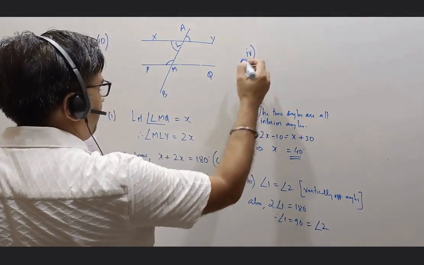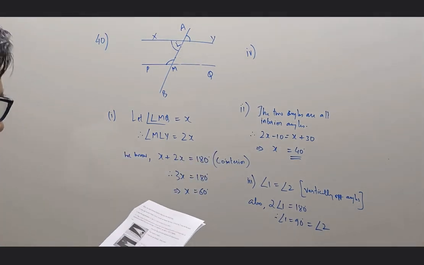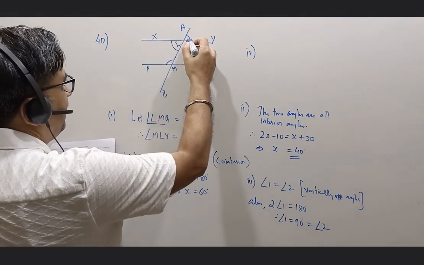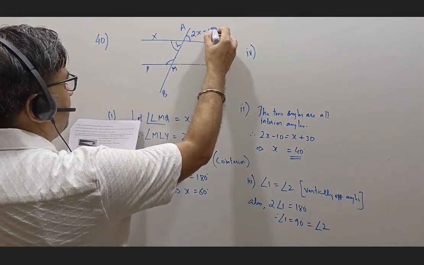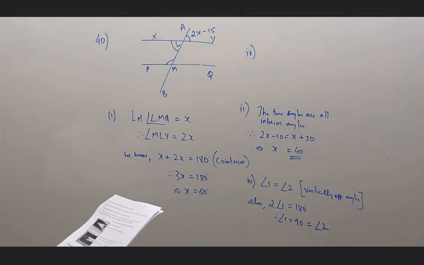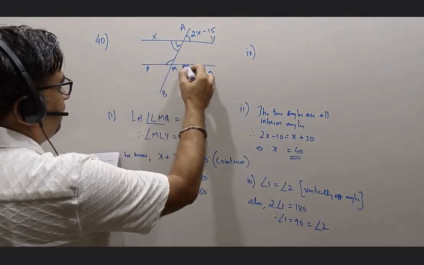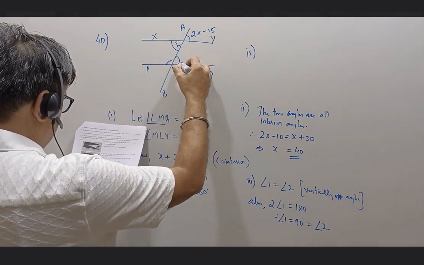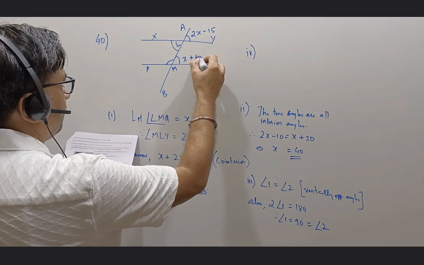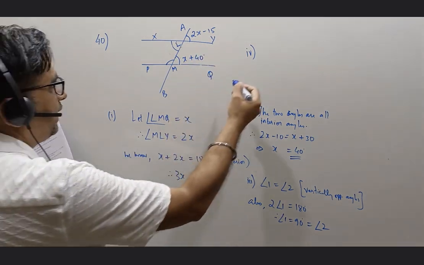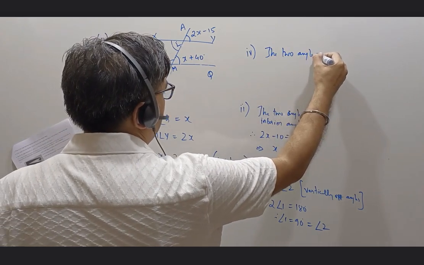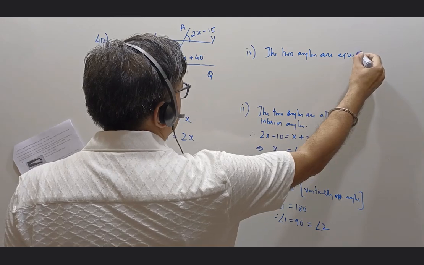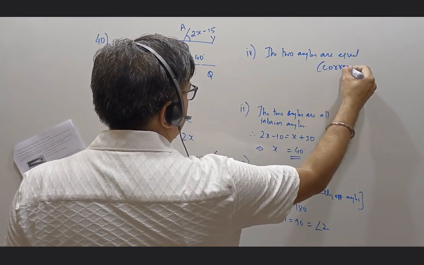Number 4. It's given that ALY is 2x minus 15. And LMQ, this angle, is x plus 40. Now here again, the two angles are equal because they are corresponding angles.